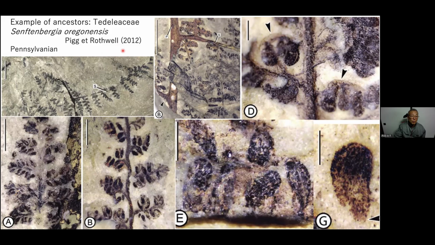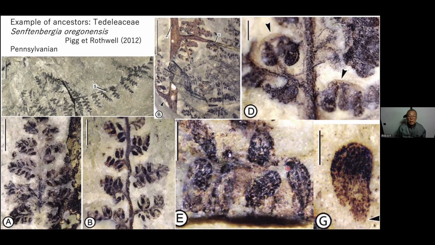So this is the example of the Carboniferous ferns, Senftenbergia, famous groups, which are compared to the Schizaeales. And this, because the sporangia are pear-shaped with terminal annuli like this.